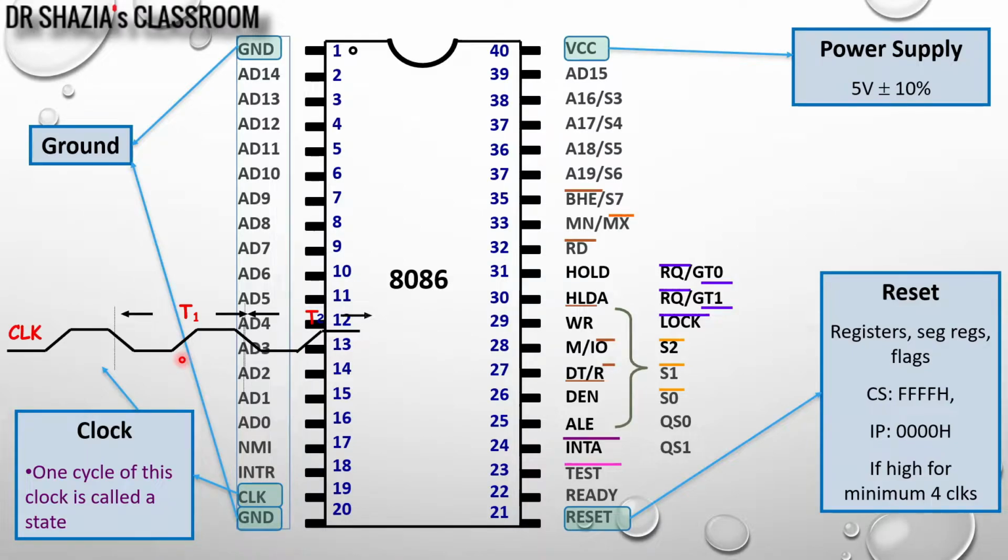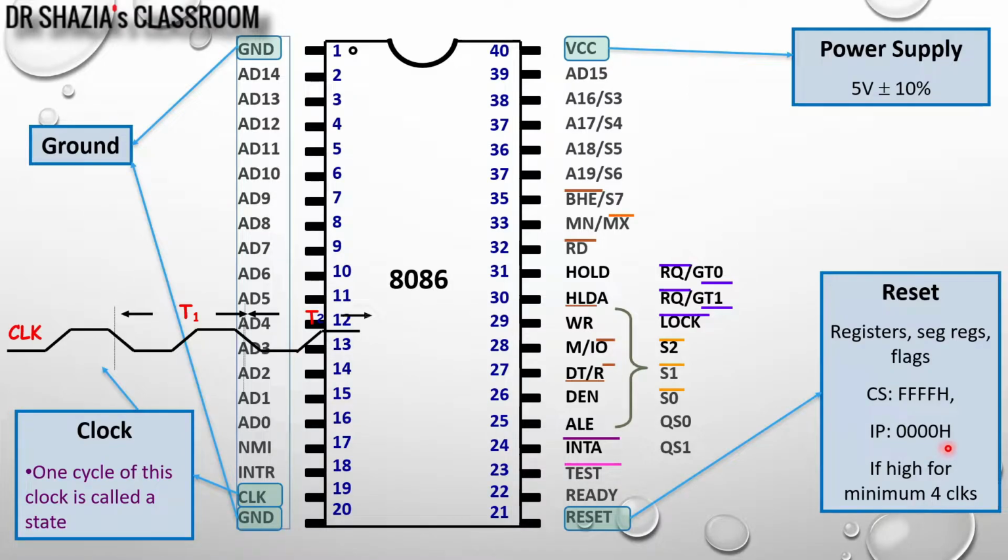The next pin which we are going to look at is the reset pin. The reset signal is used to reset or initialize the processor. The processor will start from its initial location: the code segment will go to the initial value FFFF, and IP will go to the initial value of 0000.